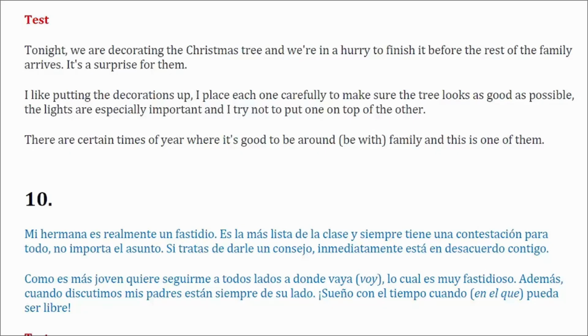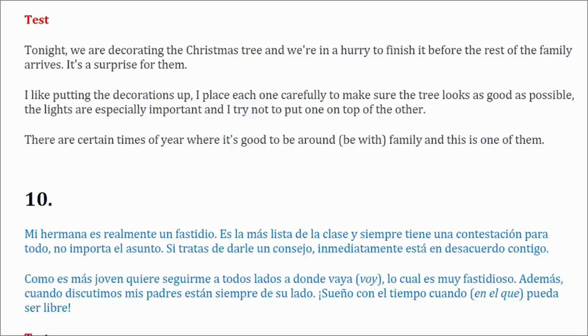Me gusta colocar las decoraciones. Pongo cada una con cuidado para asegurarme que el árbol se ve lo mejor posible.